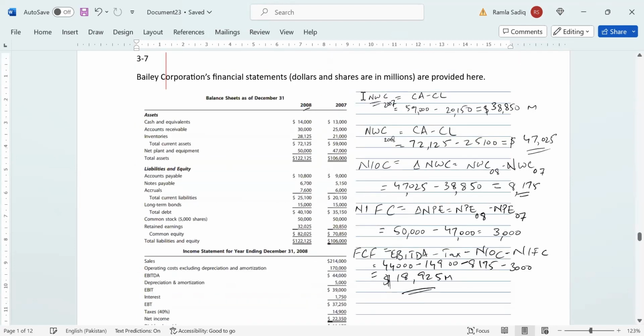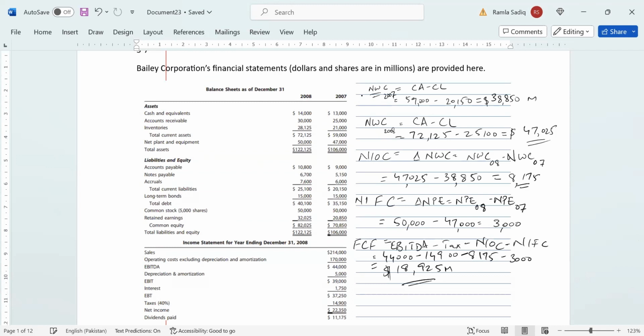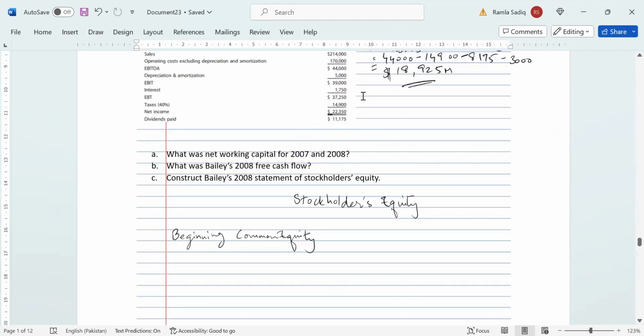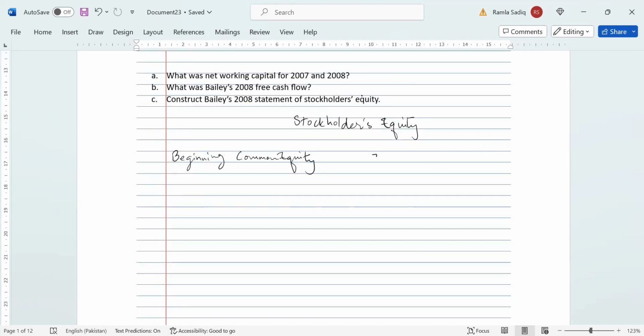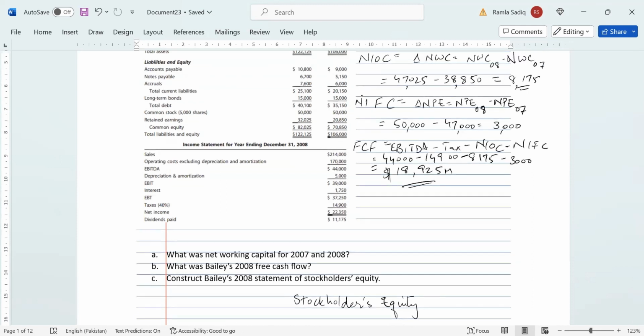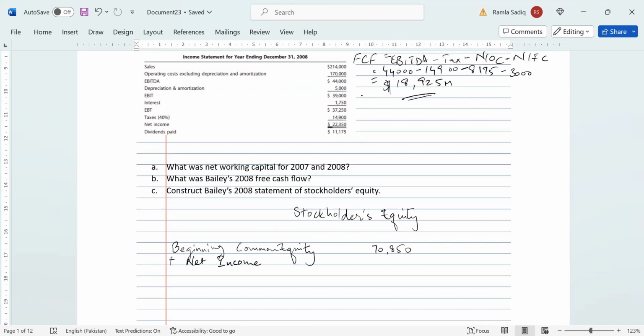So we come back up over here, and from 2007, our common equity was 70,850. To this, we add our net income for 2008. Looking at our statement, our net income for 2008 is 22,350.